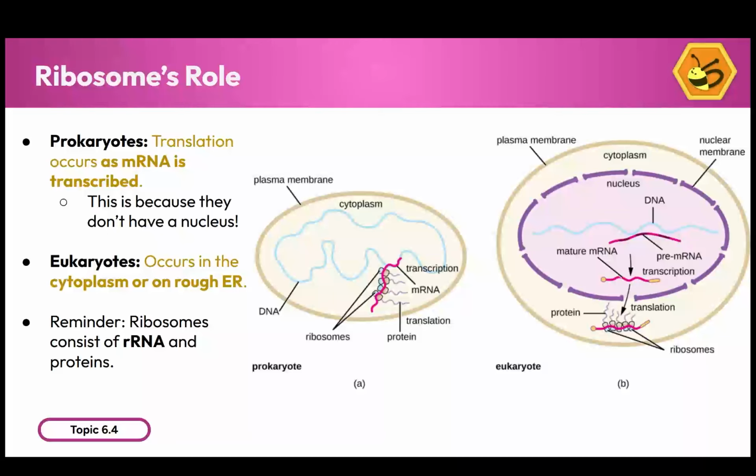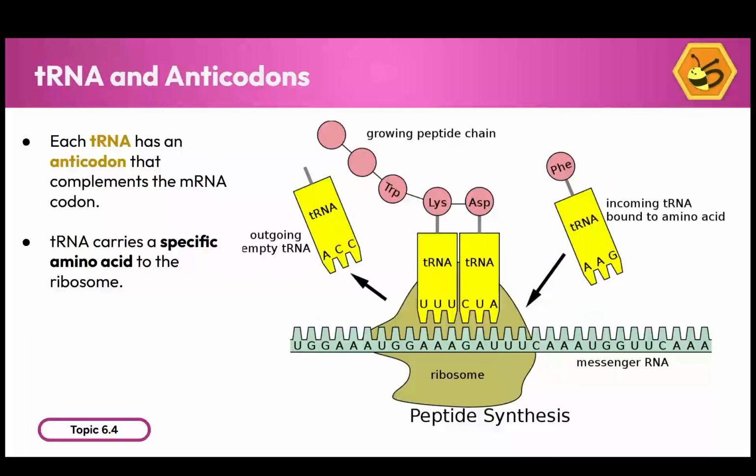Alright, so now here is where anticodons and tRNA come into place. I have an animation that I'll play after this, but here's the overview. Each tRNA molecule has an anticodon that is complementary to the mRNA codon. And a reminder, codons are a set of three nitrogenous bases.